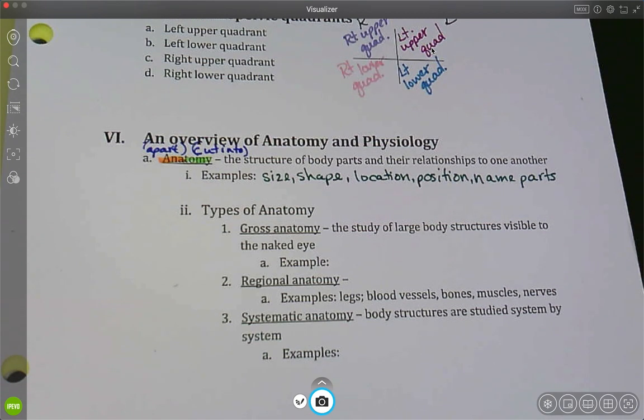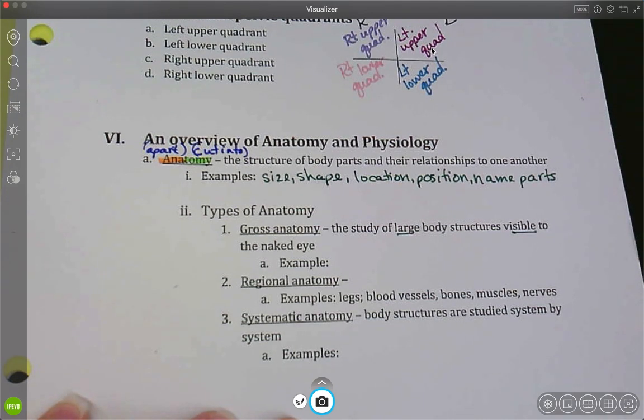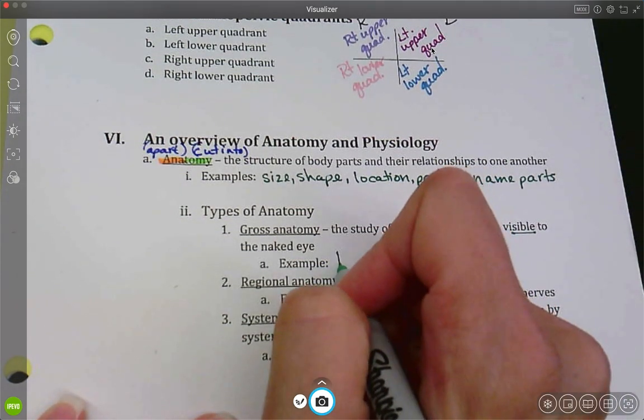So we've got a couple different types of anatomy. So let's look at those. So we have gross anatomy. With gross anatomy, what it's saying is we're looking at large, easily visible structures. So we're going to see dissection.